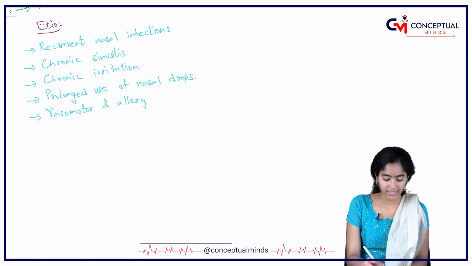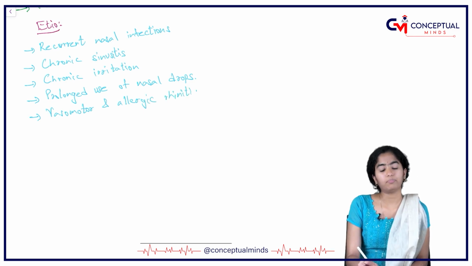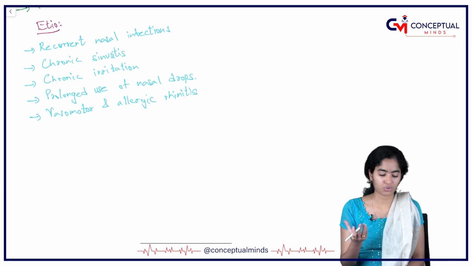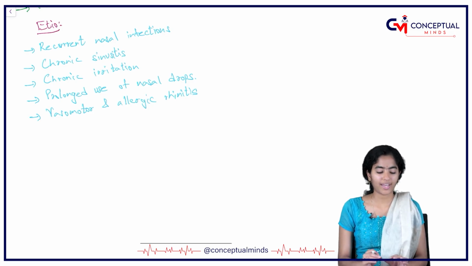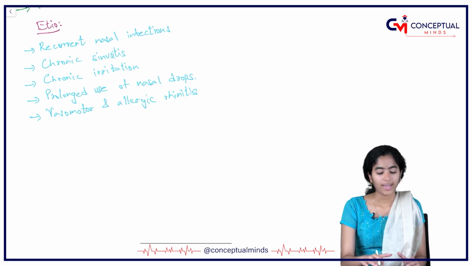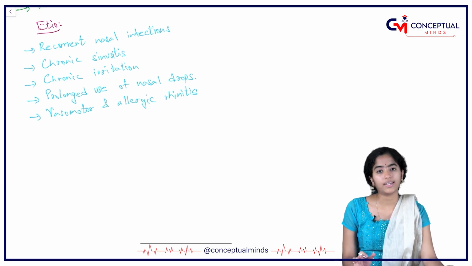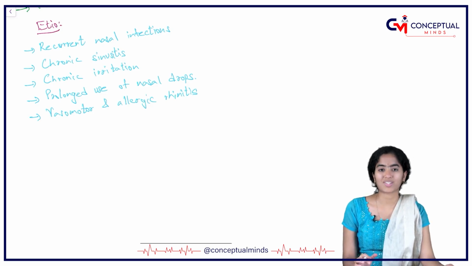All or any of these conditions can lead to hypertrophy of all the structures in the nose: mucosa, submucosa, glands, periosteum, bone, everything will hypertrophy due to any of these factors, infections, chronic sinusitis, chronic irritation, prolonged use of nasal drops, and of course vasomotor and allergic rhinitis.